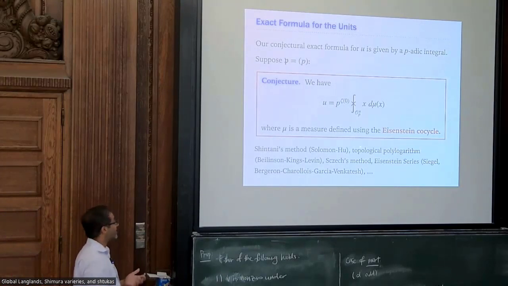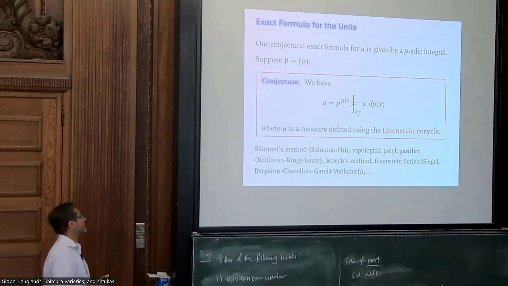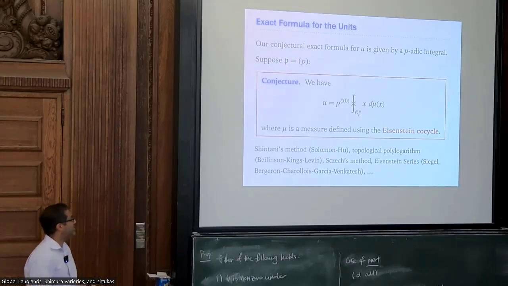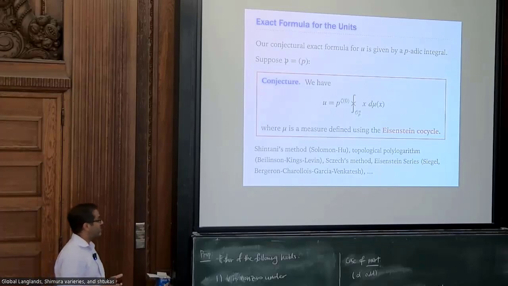And I'll just say there's a lot of work on this Eisenstein cocycle. My initial perspective is from Shintani's method, which was the cohomological formulation of Shintani's method, due to Solomon and Hu, but there's many other perspectives, from the topological polylogarithm due to Beilinson, Kings, and Levin. Czech has a really nice paper. Pierre Charollois and I did an integral version of Czech's method.